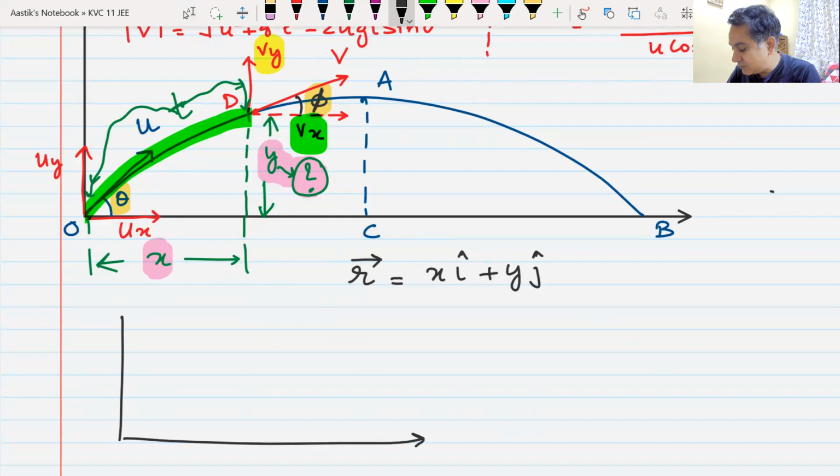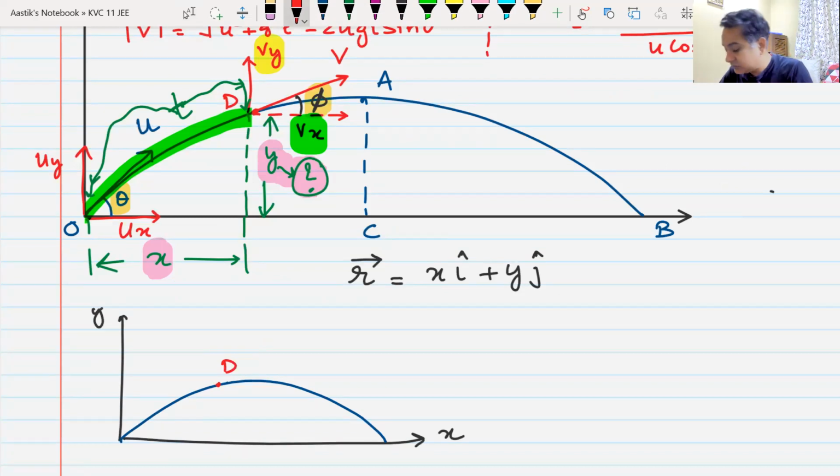This is my x and y. This is my projectile. The point D is here. So I draw a straight line now. This curve is also looking like a straight line, so that might create confusion, but I will draw a straight line.